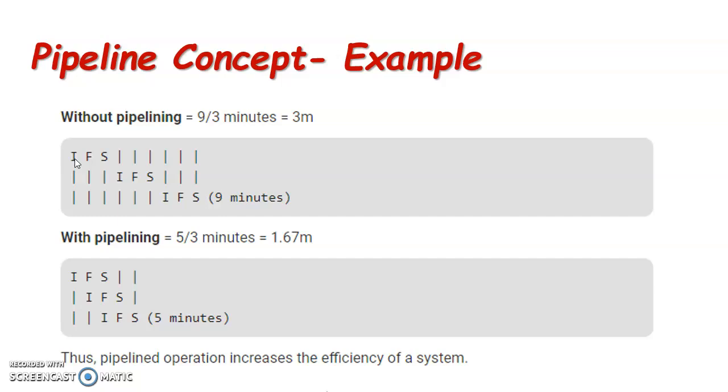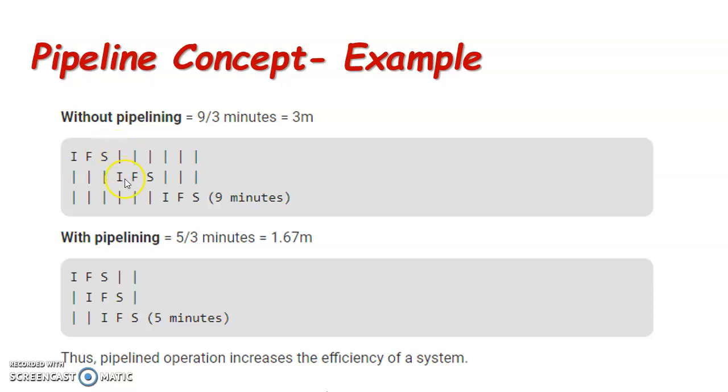Now in a non-pipelined operation, a bottle is first inserted in the plant. After 1 minute, it is moved to stage 2, where the water is filled. Now stage 1 is doing nothing, and similarly when the bottle moves to stage 3, both stage 1 and stage 2 are idle. That is, the first bottle is inserted, filled and sealed.